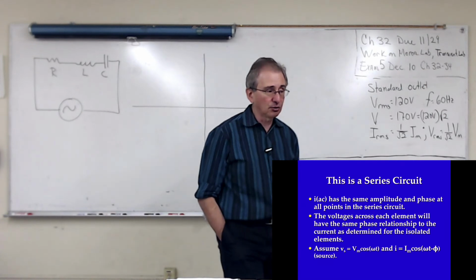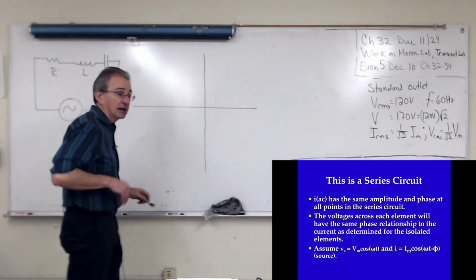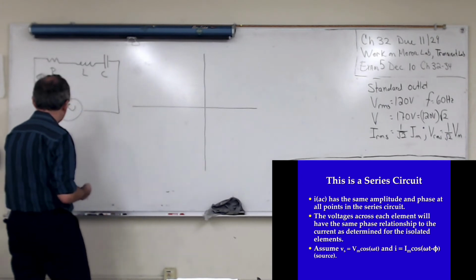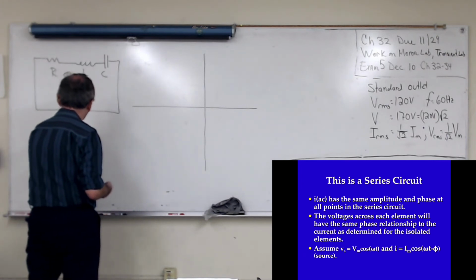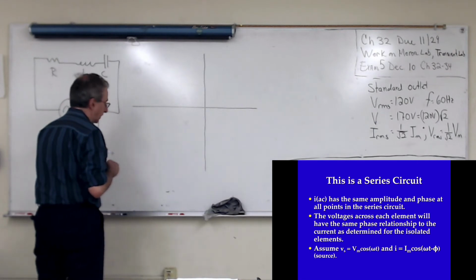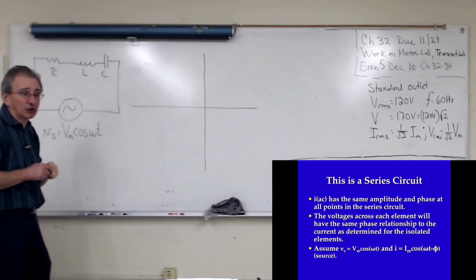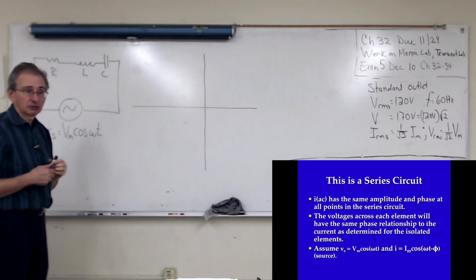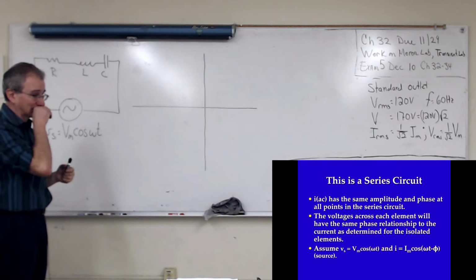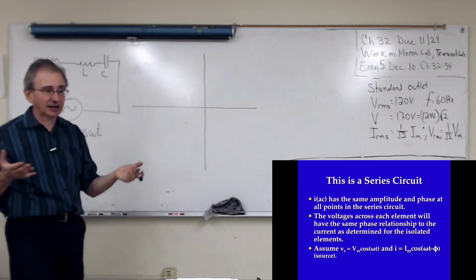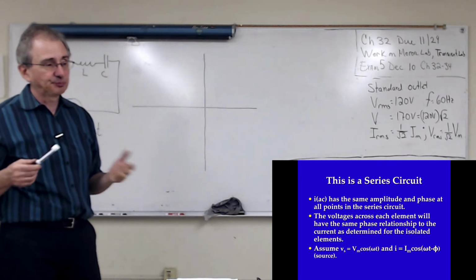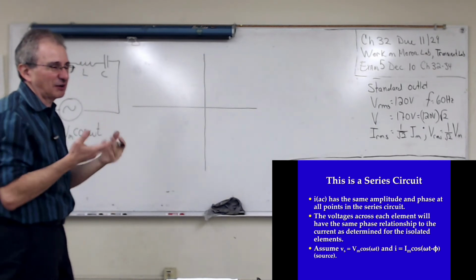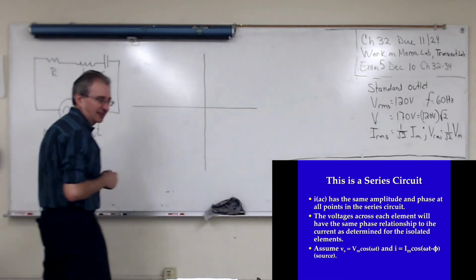And I'm going to assume that the power supply voltage, V sub S, the instantaneous value is V sub m cosine omega t. And again, I'm really going to focus on the maximum values. The time-dependent part one can write down, but we usually don't play around with the time-dependent parts.